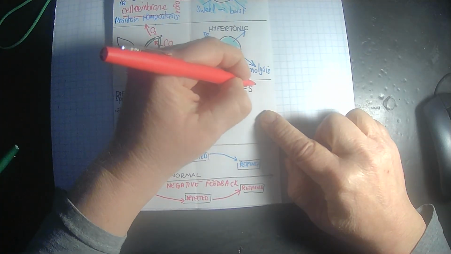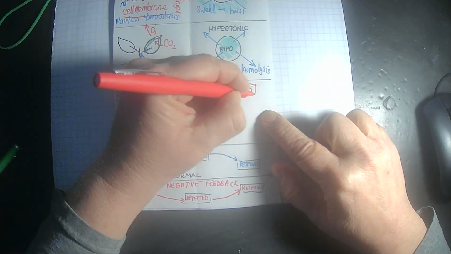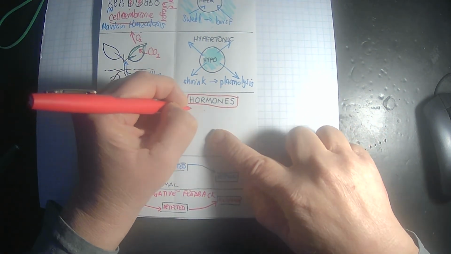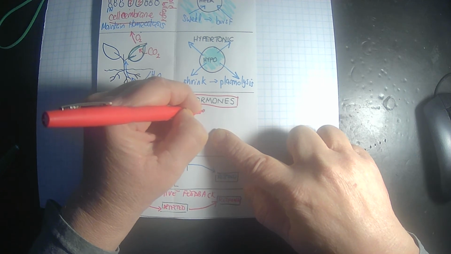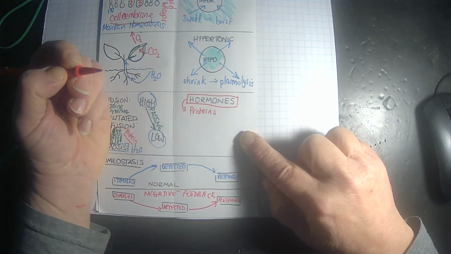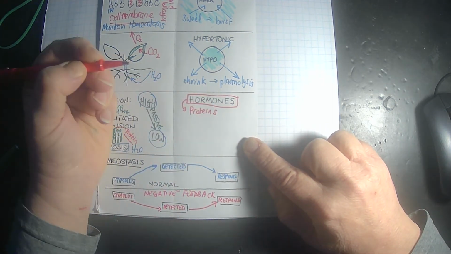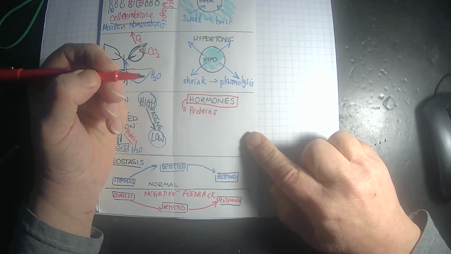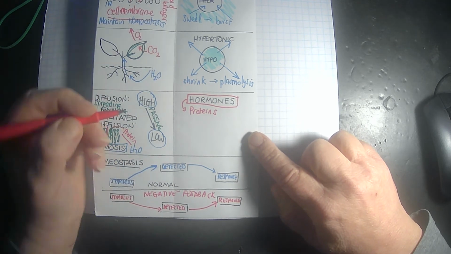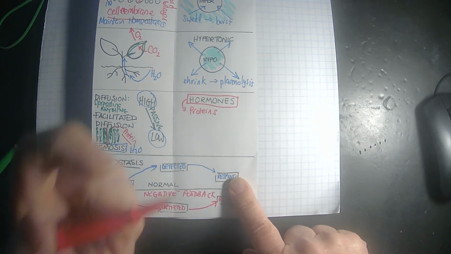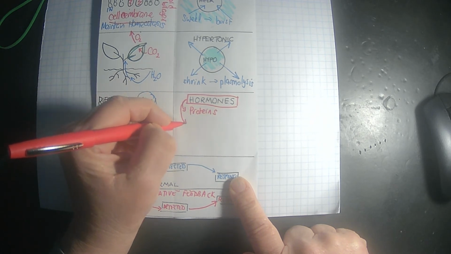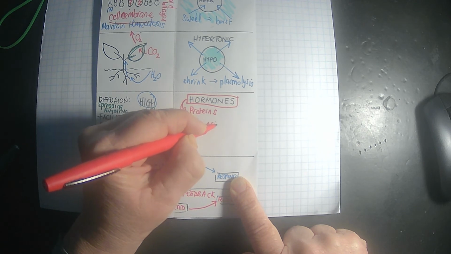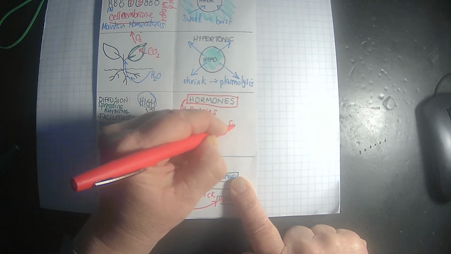Now, going back over here to hormones. Okay, so hormones are chemical messengers. Hormones are also proteins. Okay, they are proteins which are produced in one part of the body, usually by some type of gland, and they travel in the bloodstream to somewhere where they make the response happen. And hormones are part of our endocrine system.